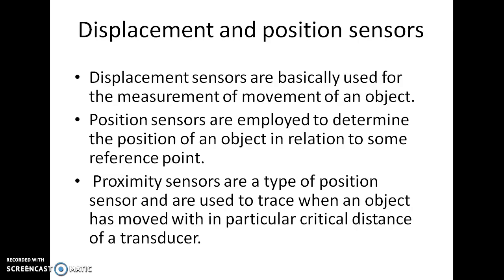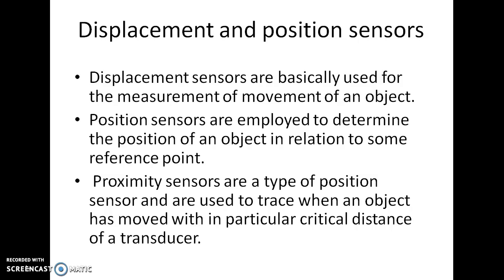So we will discuss the sensors one by one. First one is our displacement and position sensor. So displacement sensors are basically used for the measurement of movement of an object. Means suppose one object is there, previously it is present in some position.